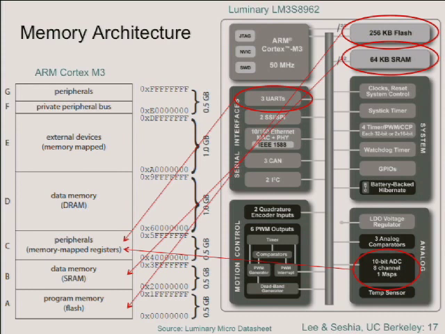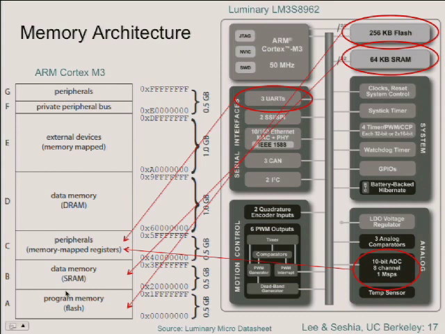So the way the memory architecture works in this case is the bottom half a gigabyte is flash. Now, do you think on that little board there's a half a gigabyte of flash? Nah. There's a difference between an architecture and an implementation of an architecture.